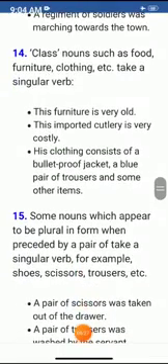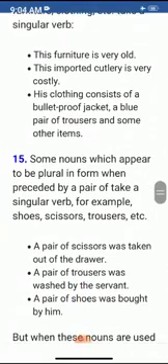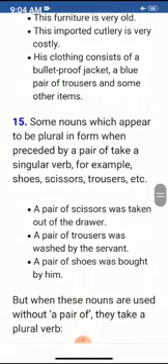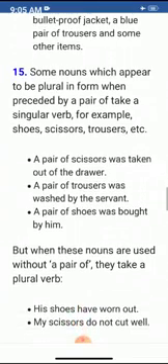Now some nouns which appear to be plural in form, when preceded by a pair of, take a singular verb. For example, a pair of scissors is, a pair of trousers was, a pair of shoes was. But when these nouns are used without a pair of, they take a plural verb.